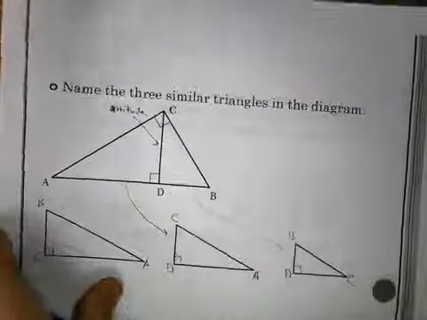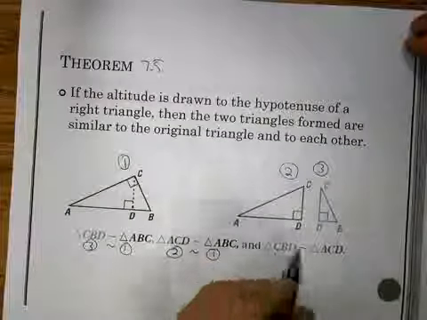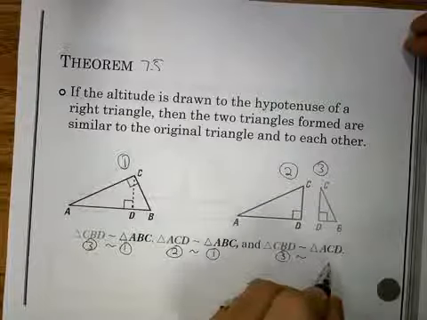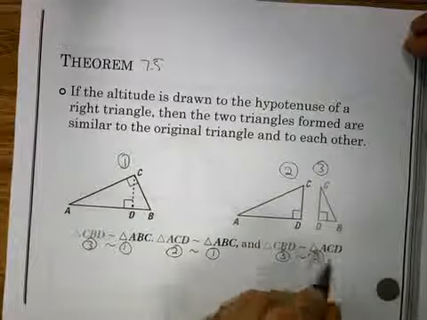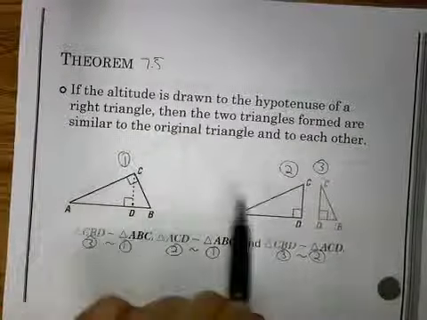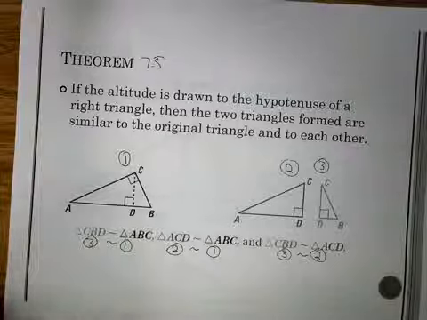ACD, 2, is similar to ABC, which is 1. And CBD, 3, is similar to ACD, 2. So 1 and 3 are similar, 2 and 1 are similar, and 3 and 2 are similar. In other words, they're all similar to each other. We could pick two of them at a time, set up a proportion, and solve.